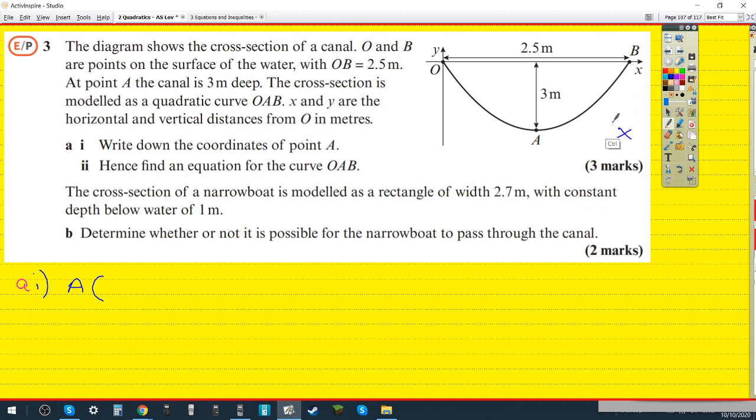Oh, so it'd be 1.25. Yes. Very good. Part 2.